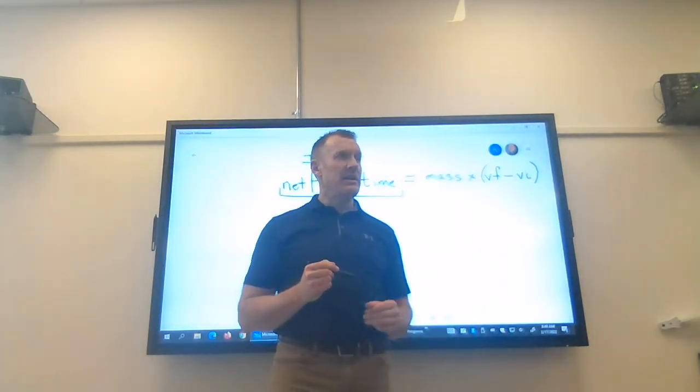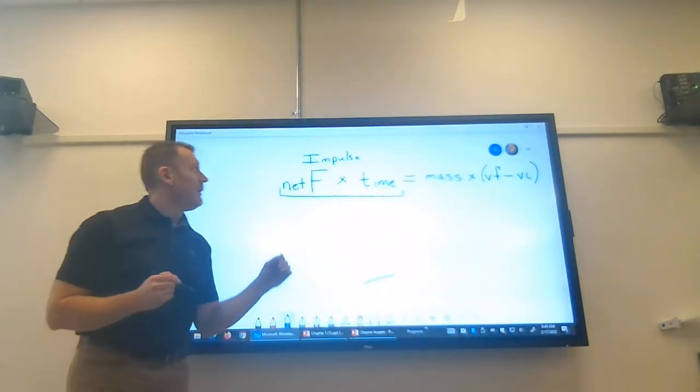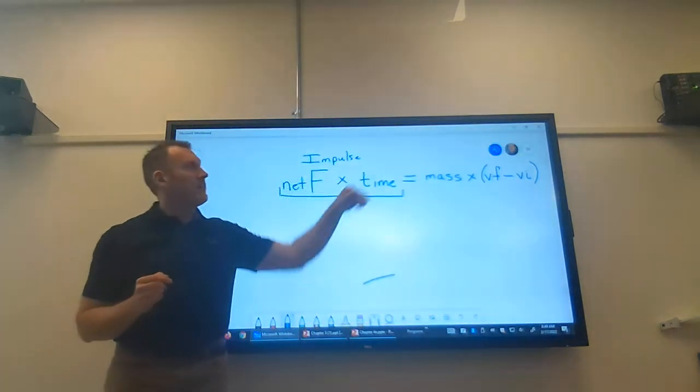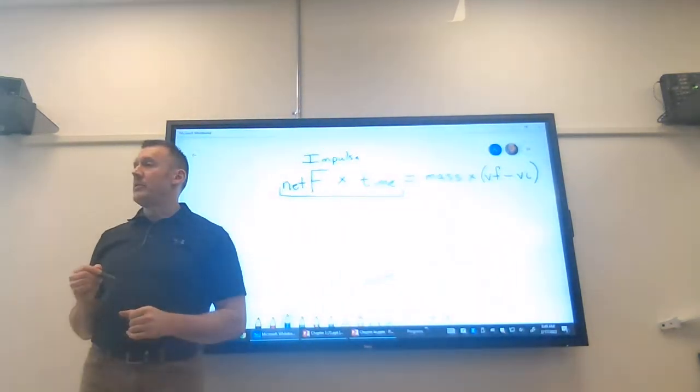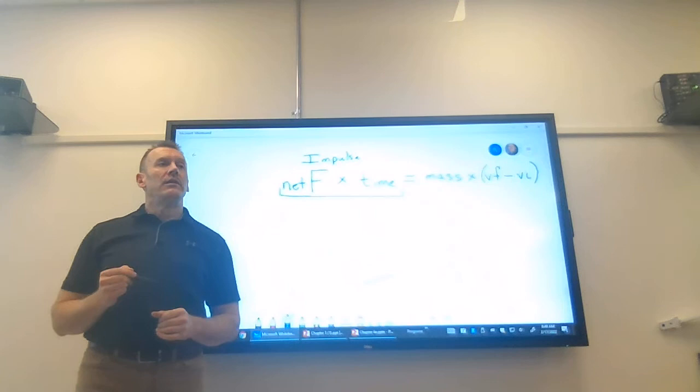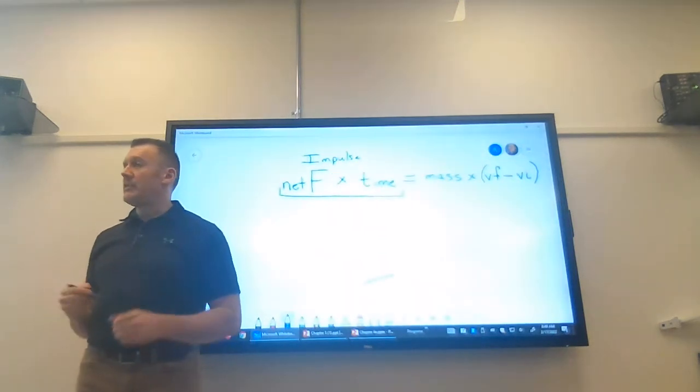Because mass times change in velocity is equal to the net force multiplied by time. So we can use either of those combinations based on what we have to get the impulse.